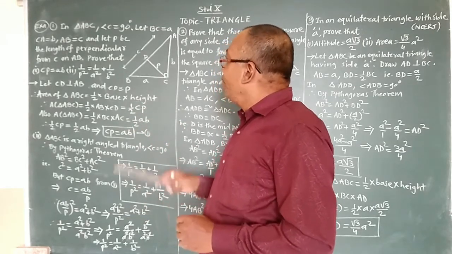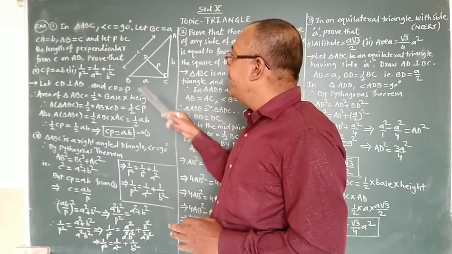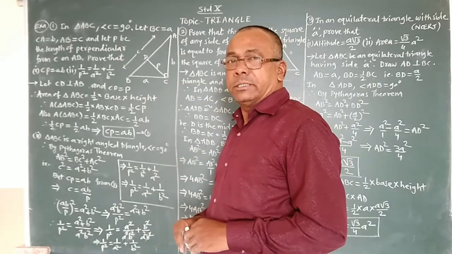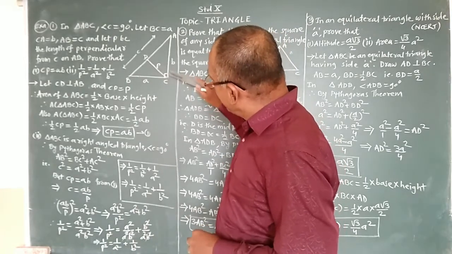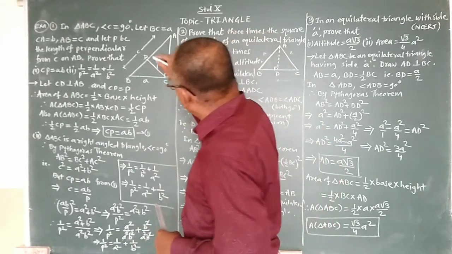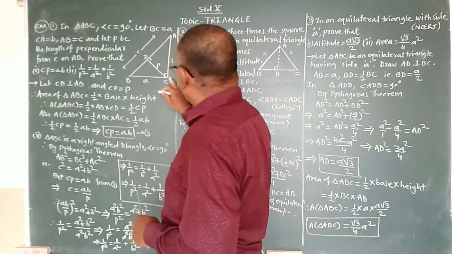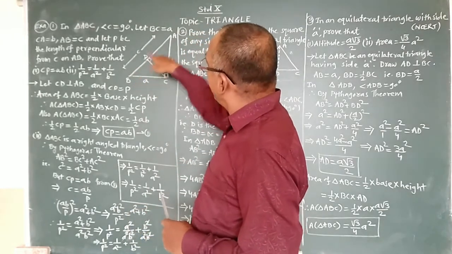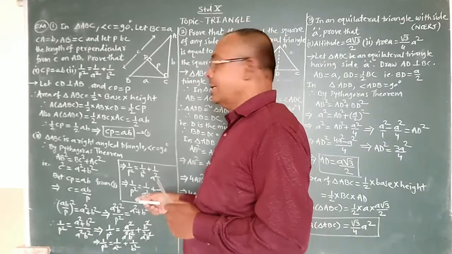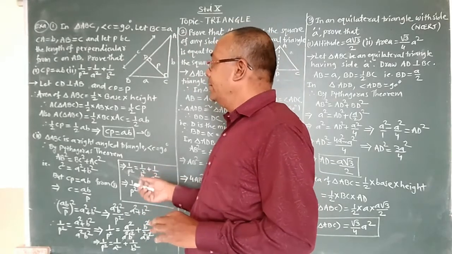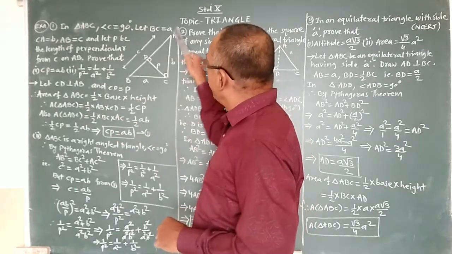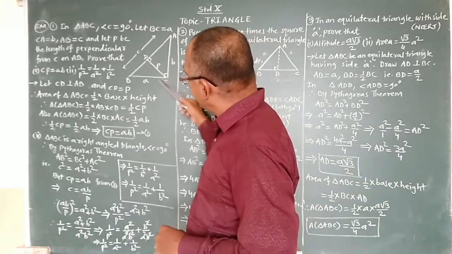Here we can find the area of triangle ABC by two ways. First, if we consider that CD is the height and AB is the base, then we can find the area of triangle ABC is equal to 1/2 into base AB and height CD.